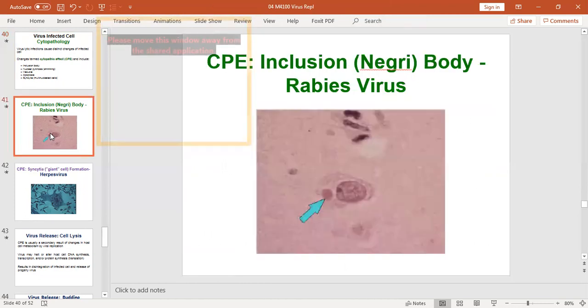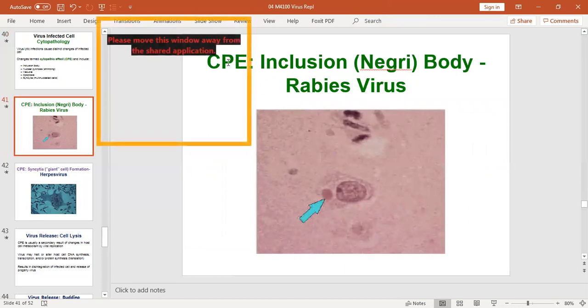Let's talk about some of these cytopathic effects. The first one, slide number 41, is inclusion or Negri body, as we can see in rabies infection.